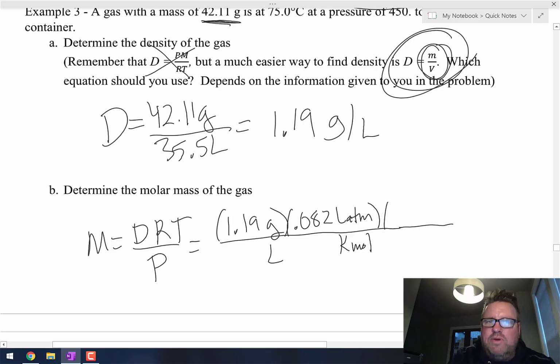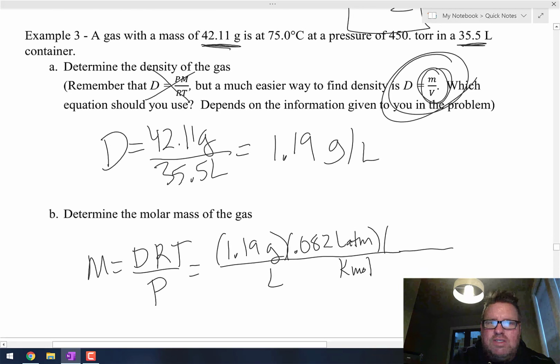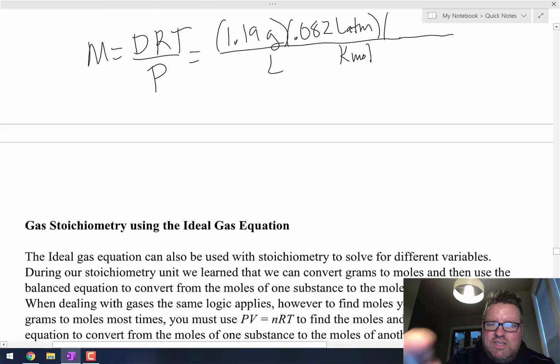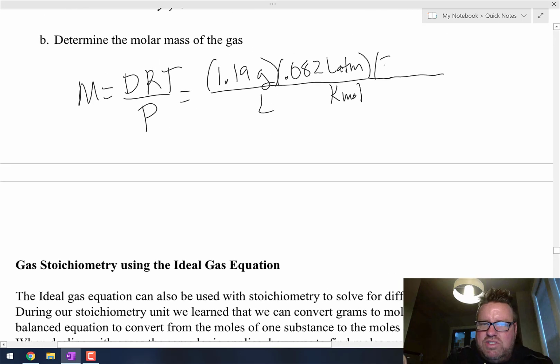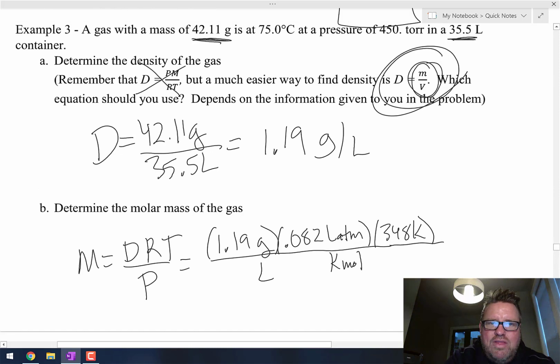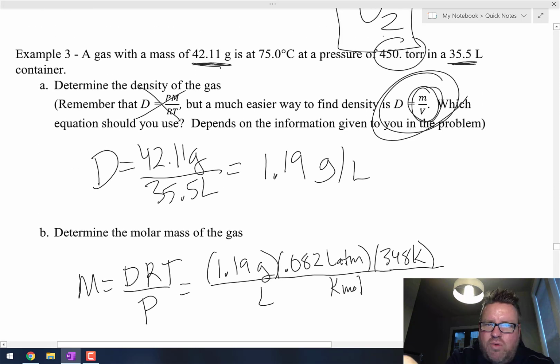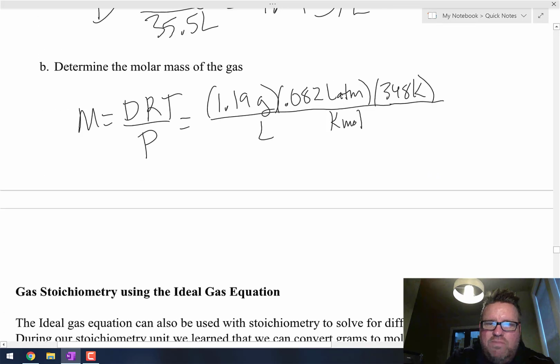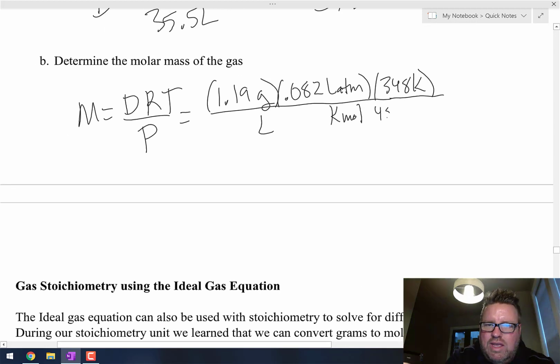The temperature was 75 degrees Celsius, 75 plus 273 equals 348 Kelvin. And then our pressure is 450 torr, so 450 divided by 760 is going to get you to atmospheres.